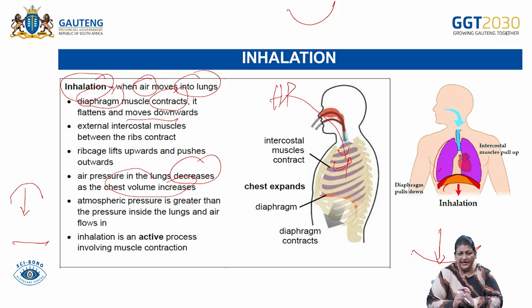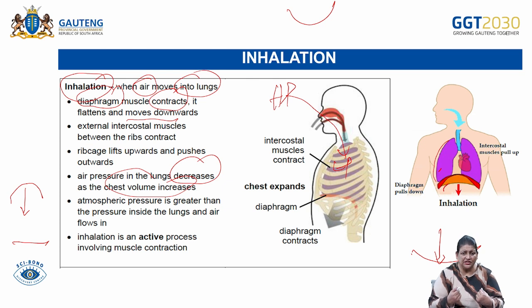So let's summarize. During inhalation, diaphragm and external intercostal muscles contract. Right. Next one. If the diaphragm contracts, what happens to it? It moves from a dome shaped downwards to become flattened. And then what happens? It increases the size of the thoracic cavity.